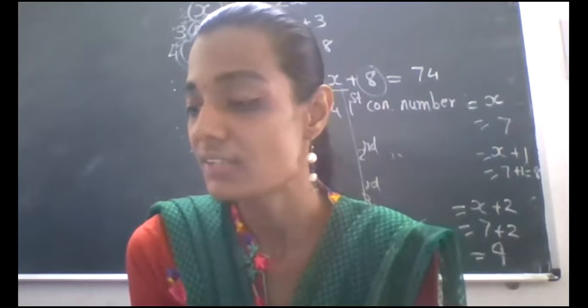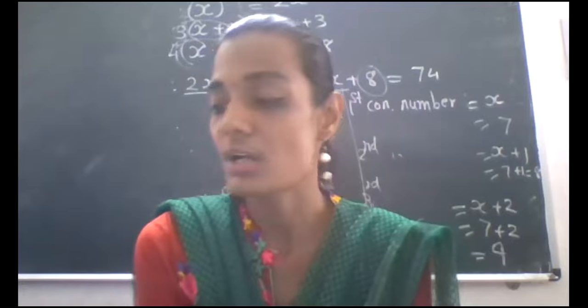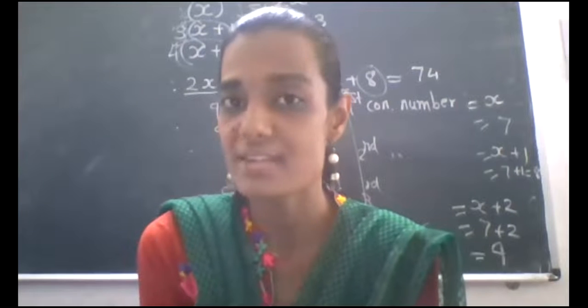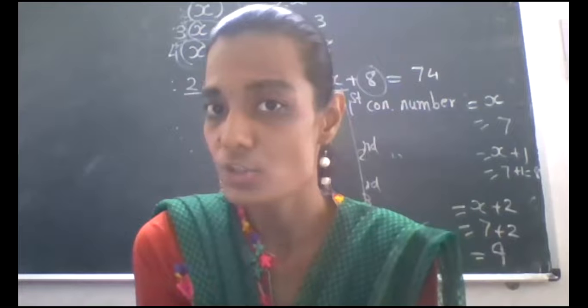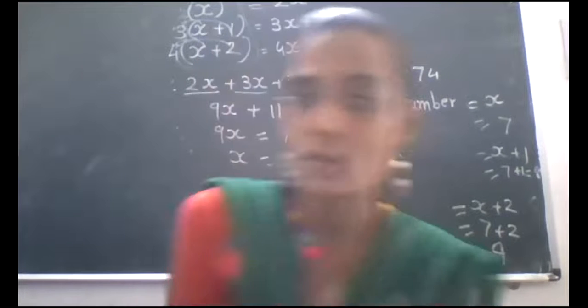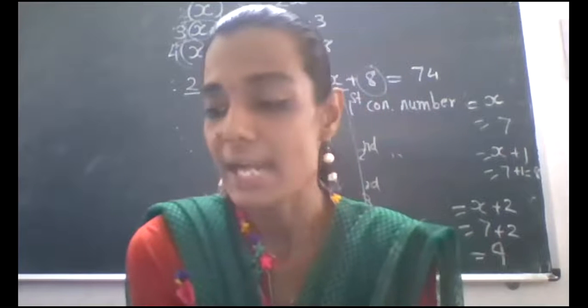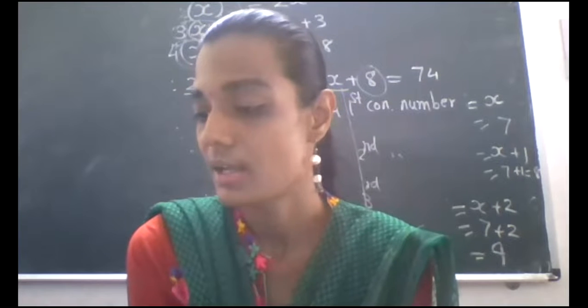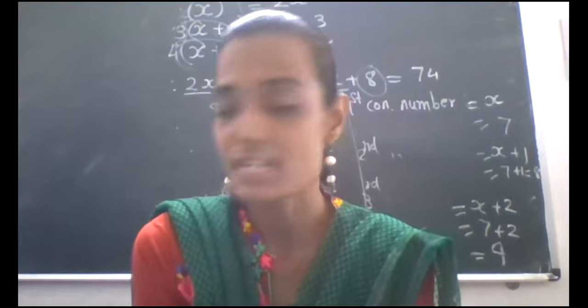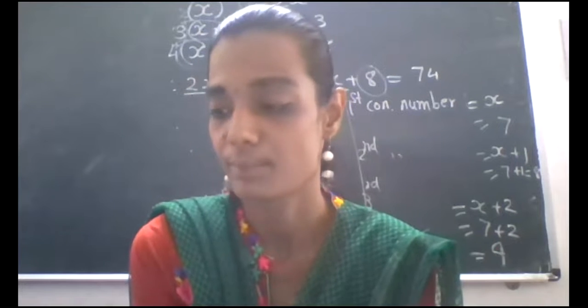The ages are given in the ratio, so Rahul's age will become 5x and Arun's age will become 7x. Understood? Write it down in your notebook: let Rahul's age be 5x and Arun's age be 7x.